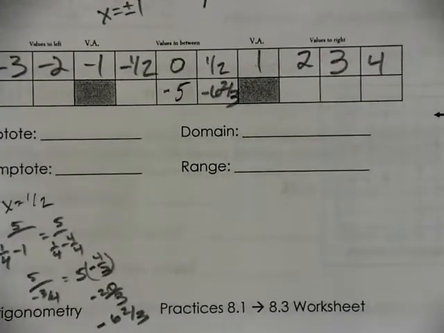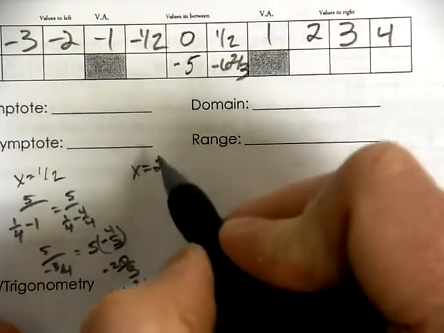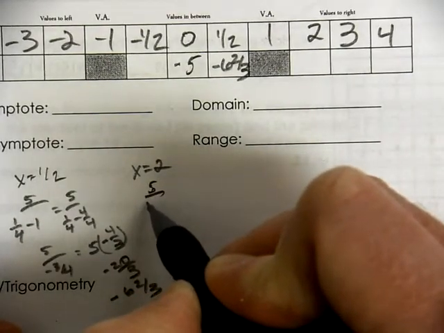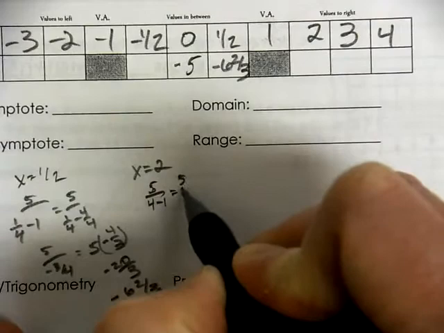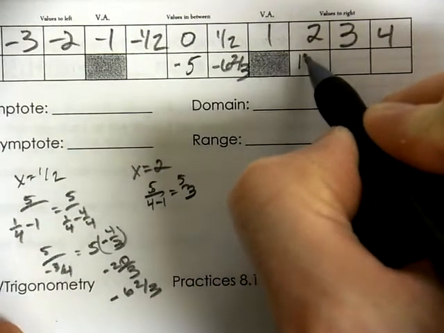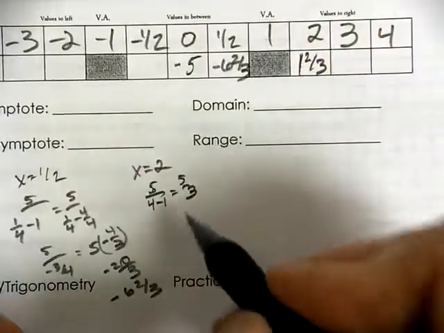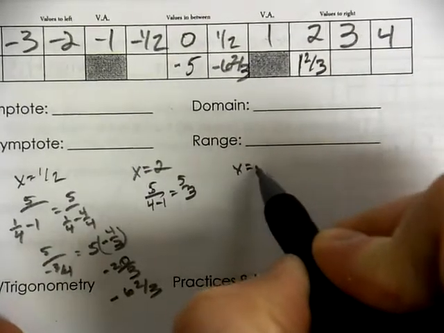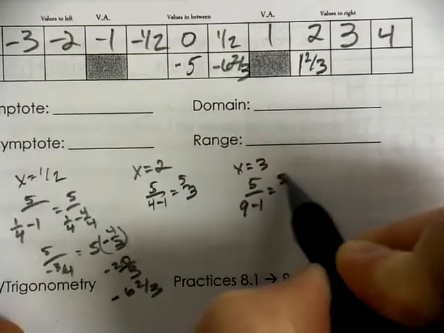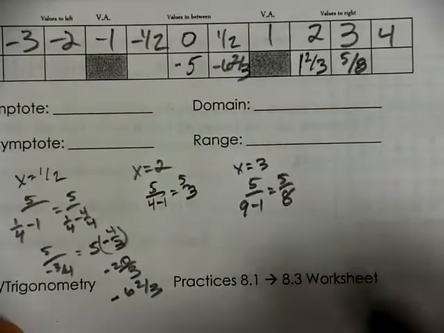When x is 2, we're going to get 5. Square the 2 to get 4 minus 1, so that's 5 over 3. 5 over 3 goes in 1 with 2/3 left over. When x is 3, we get 5 over 9 minus 1, 5 over 8, a little bit more than half.